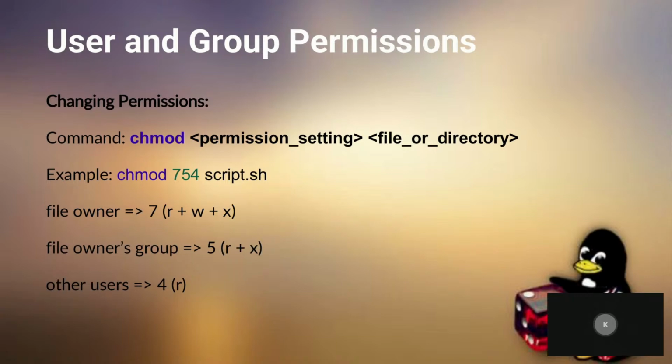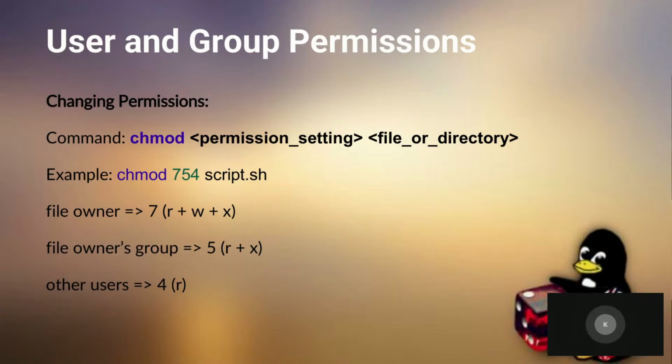So there are 3 things here: the owner of the file, the group of the file, and the other users. Now, if you have chmod 754, that 7 represents the permission setting for the file owner. Remember what I said about the combination. To get that 7, you have to combine all of them. So 7 means all the permissions are obtainable: the owner can read, write, and execute. The second digit, 5, represents read and execute.